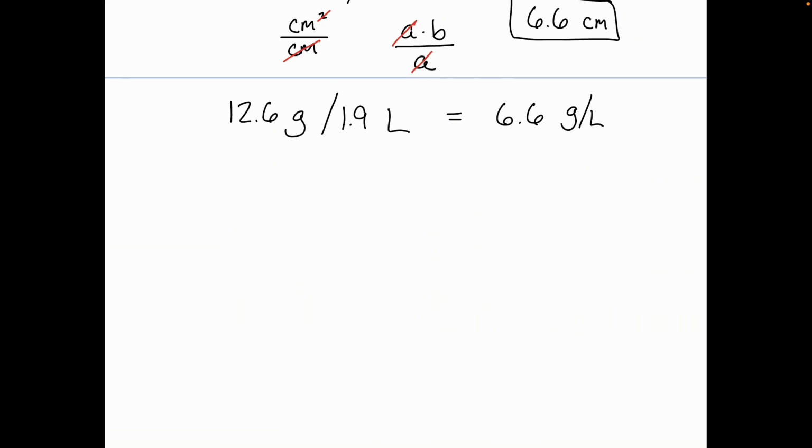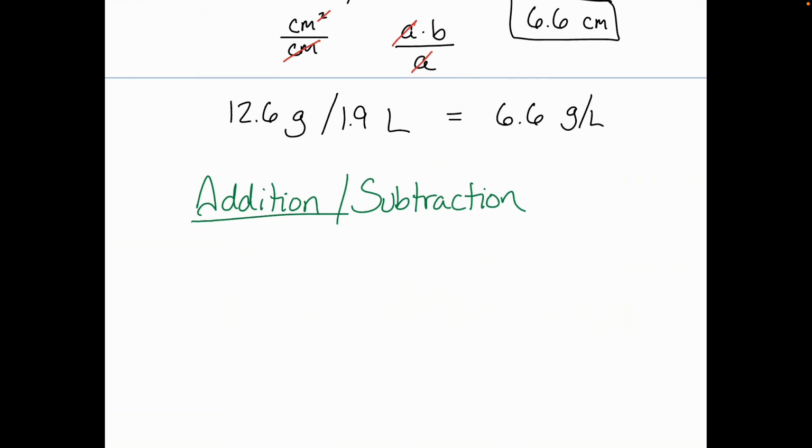All right, so now for addition and subtraction. For addition and subtraction, it's a little bit more stringent in terms of what you can be adding or subtracting from one another.